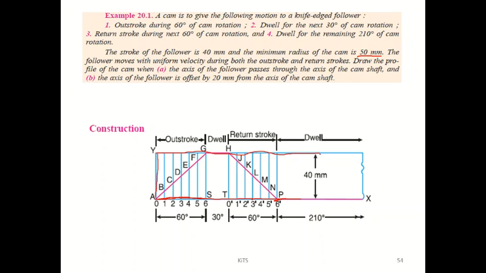At the end you draw an irregular, curved line like this. Now we have drawn the horizontal line.